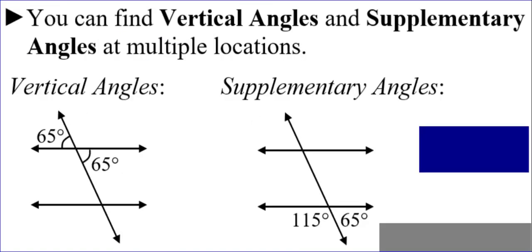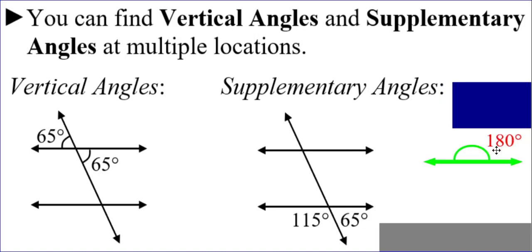You can also find pairs of vertical angles and supplementary angles at multiple locations when you have parallel lines cut by a transversal. You recall from our other video, vertical angles are opposite angles formed by intersecting lines, and they are congruent. Supplementary angles are not congruent, but they are two angles that together add up to equal 180 degrees.